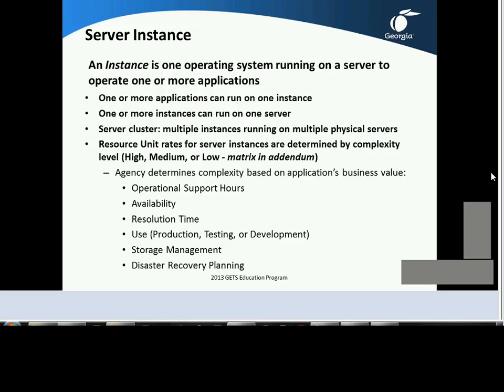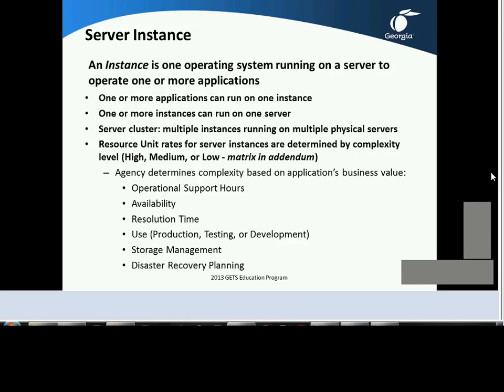And then you have the server cluster, which is where the environment gets complex, where you have multiple instances running on multiple physical servers. As far as the resource rates for server instances, they're determined by the complexity level. You have high, medium, and low complexity, and we have a matrix that explains all this in the addendum to the presentation.